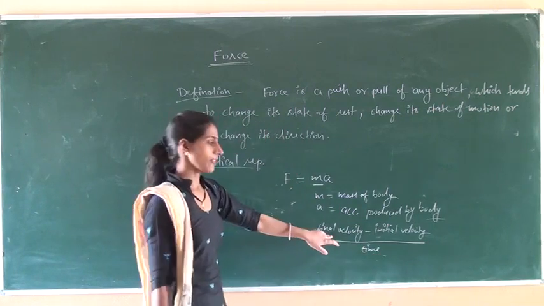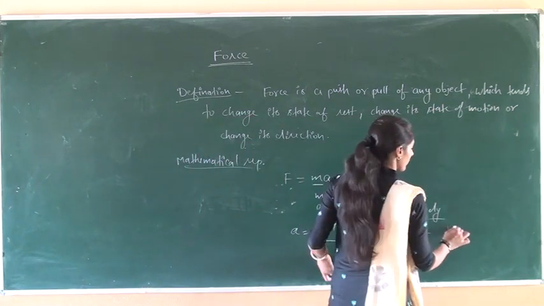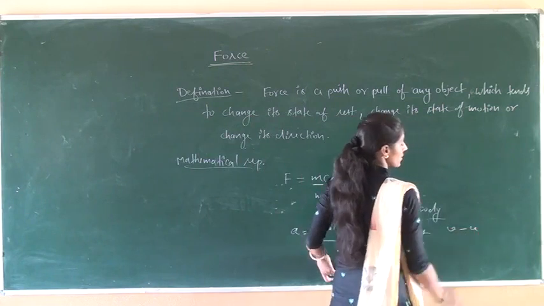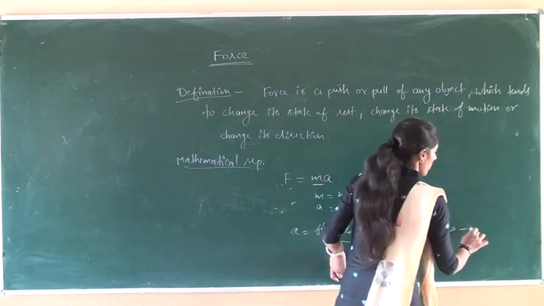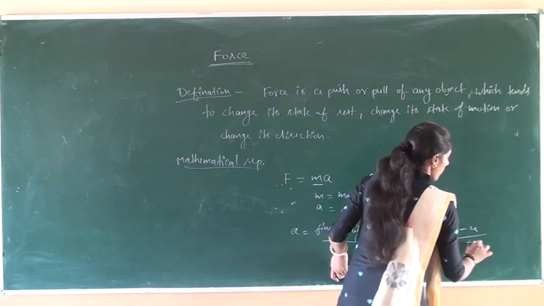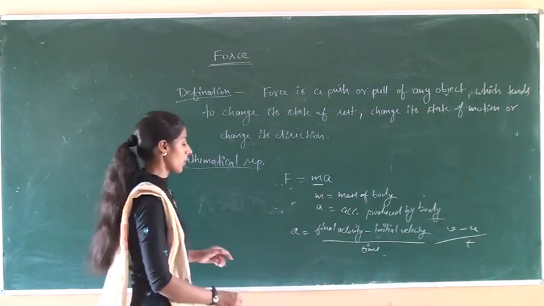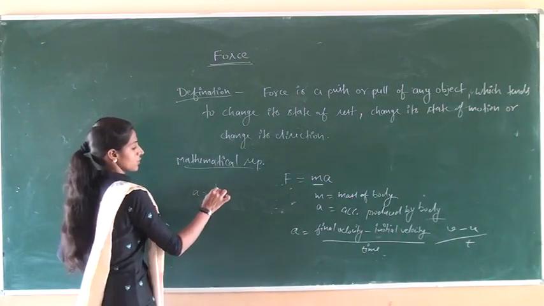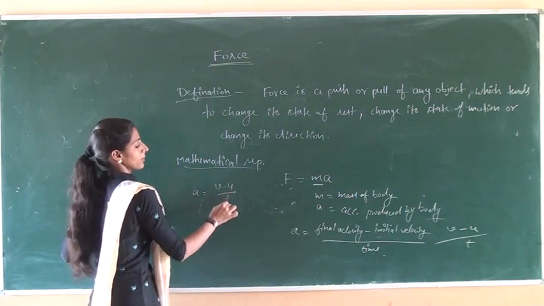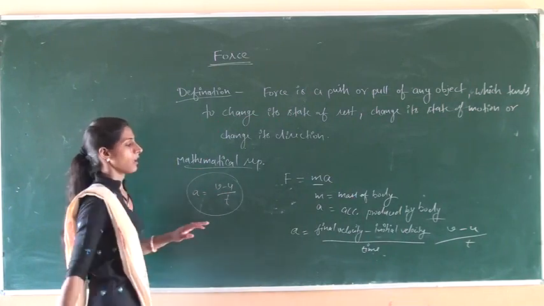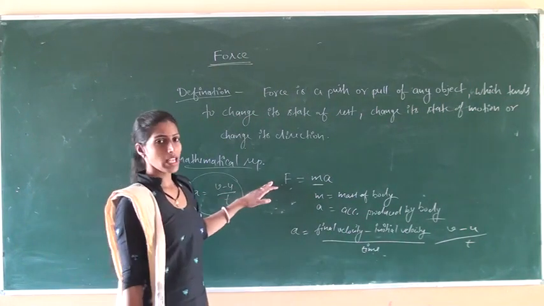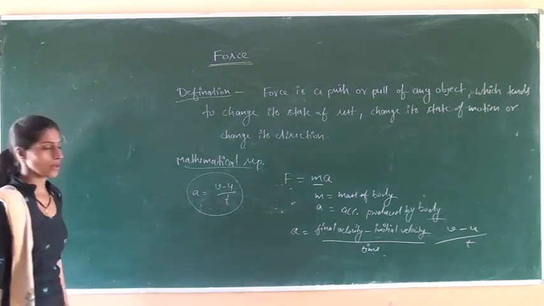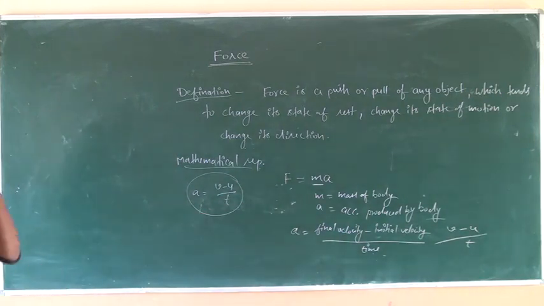Here we represent final velocity with v and initial velocity by u and time is small t. So acceleration is equal to v minus u upon t. Okay? This is the mathematical representation of the force.